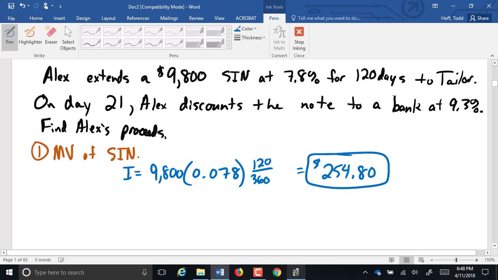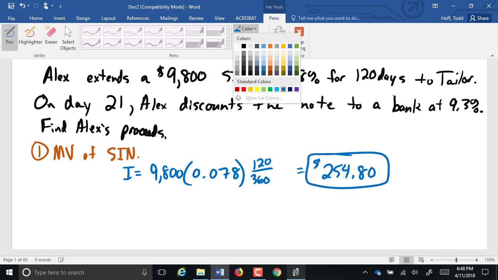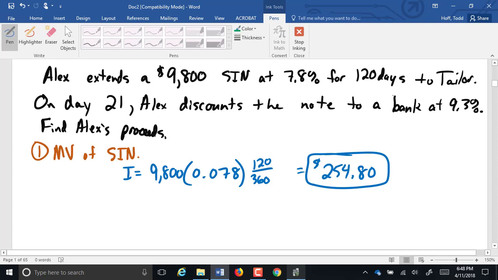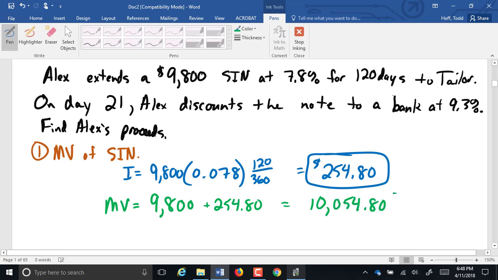Do you guys get $254.80 for the interest? Are we done? Okay. Maturity value is the principal plus interest. So I have to add that to the 9,800. So that is $10,054.80. That is the maturity value.